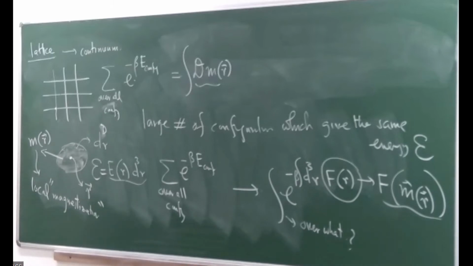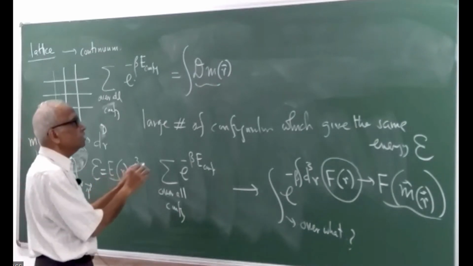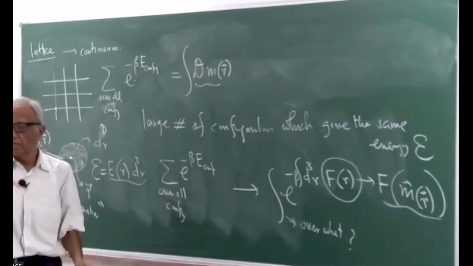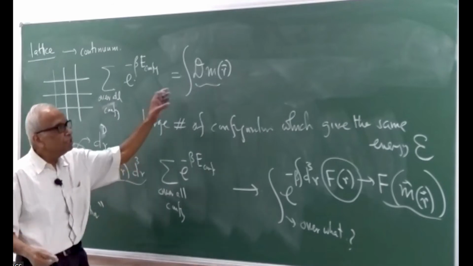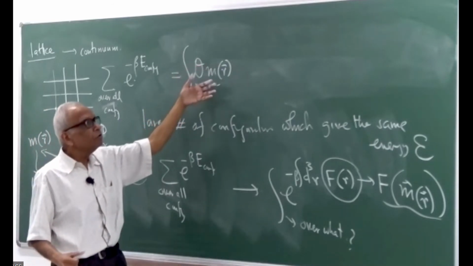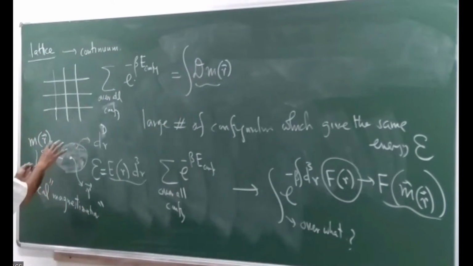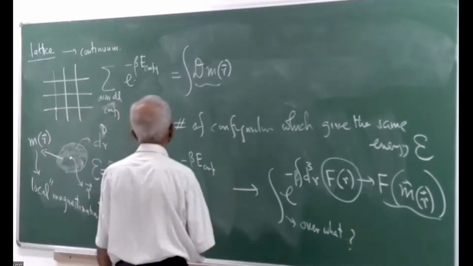Some of you may have seen this before, some of you may not have, but the point is that what we are doing is a strange kind of integral. It is not an integral over something like dx, dy, dz. We are doing an integral over all possible functions m of r. What is m of r? When I specify m of r, what I have specified is the magnetization at every point r in this container which I am thinking about.